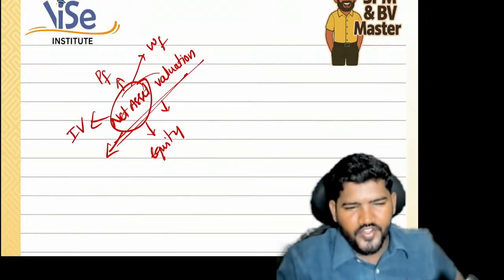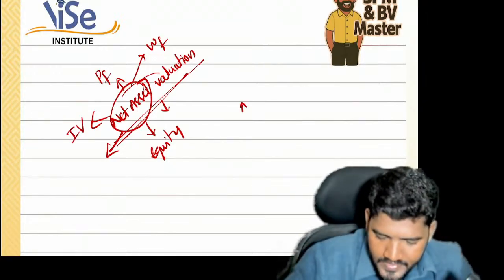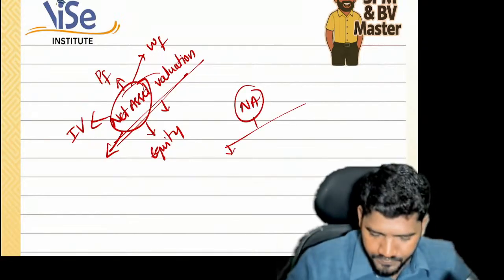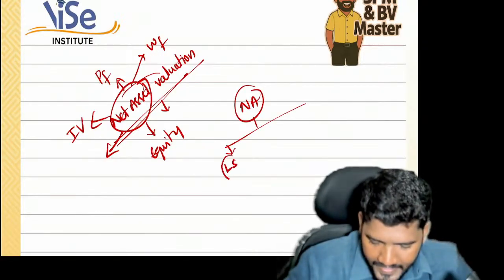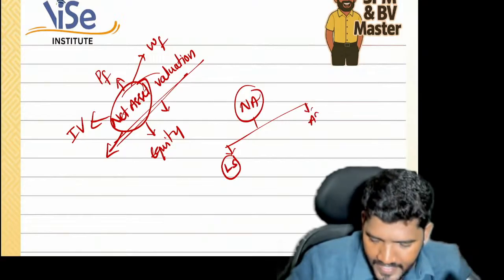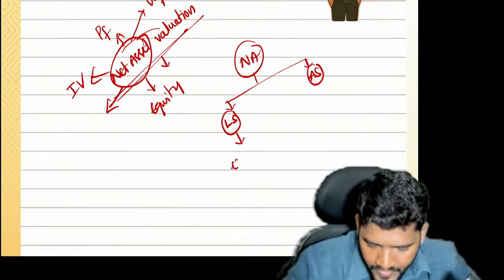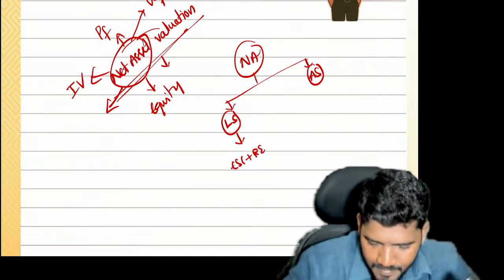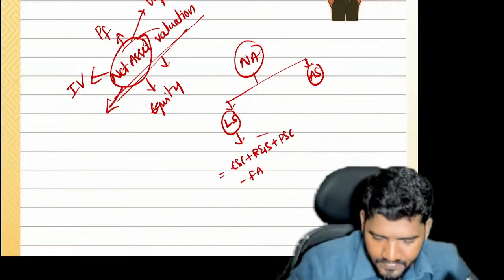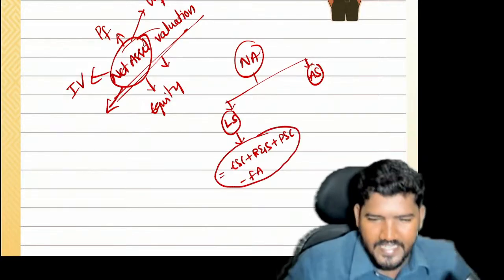These are the alternative names we have. For net assets calculation, we use two types: liability side calculation and asset side calculation. In the liability side calculation: equity share capital plus reserves and surpluses plus preference share capital minus fictitious assets. This is the liability side calculation.